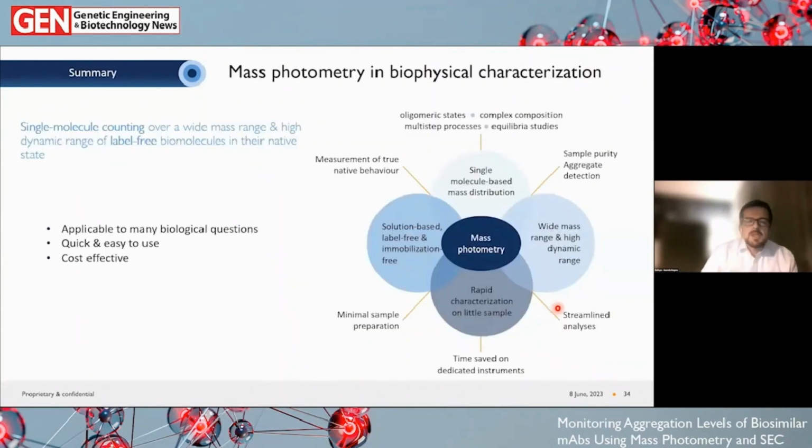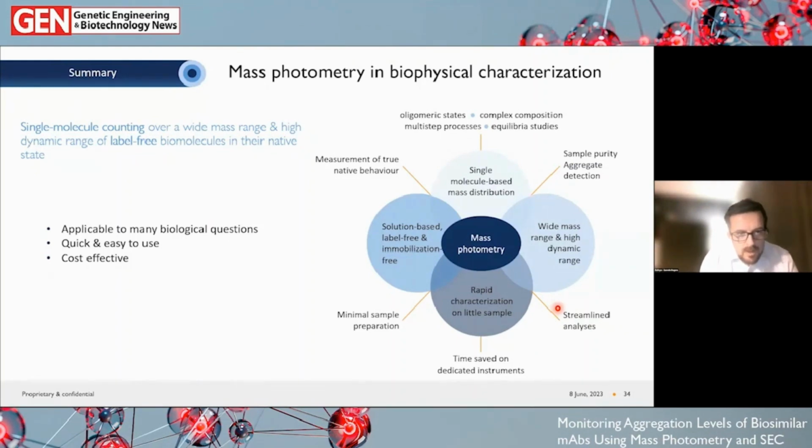So finally, just that last slide relating to a summary of mass spectrometry as a biophysical characterization tool. So we can see that it's fundamentally a single molecule counting technique, has a wide mass range as well as a high dynamic range, and we look at biomolecules in their native state, label-free. So very little manipulation to the sample itself is needed before you can start capturing some nice data of the samples that you have.